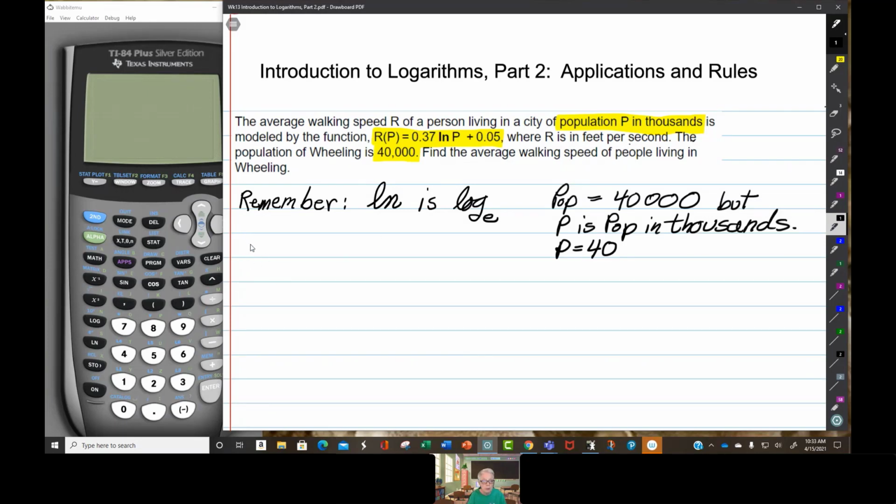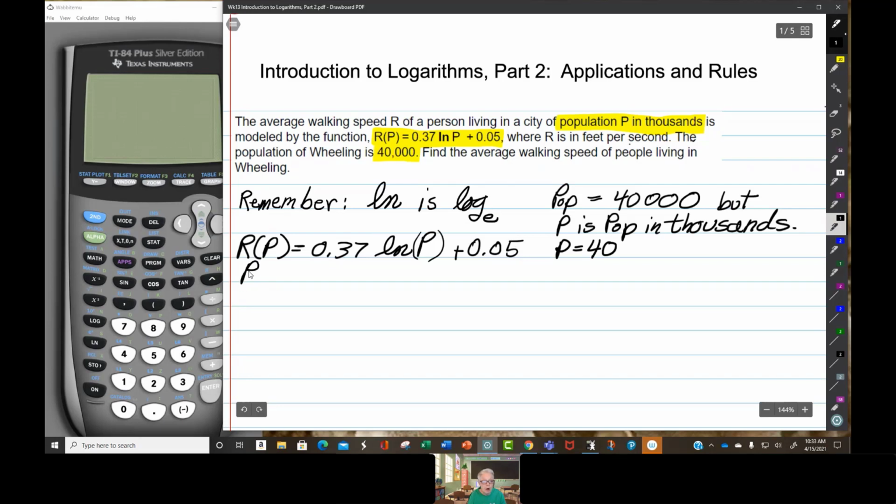So here's what we're going to be working with. Here's our formula. R of P equals 0.37 times the ln of P, which ought to have parentheses around it, plus 0.05.